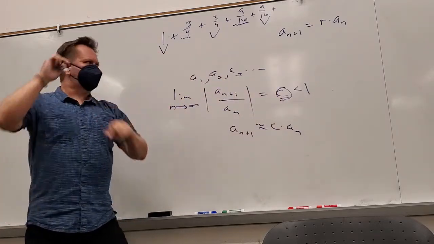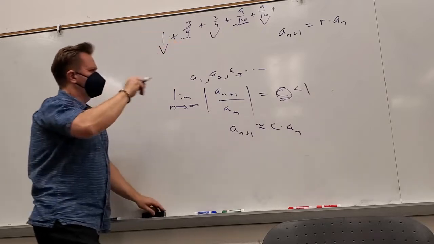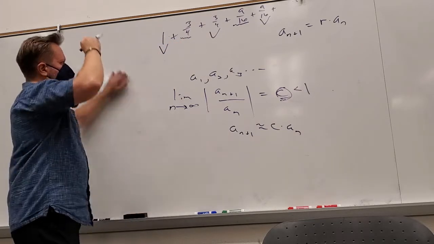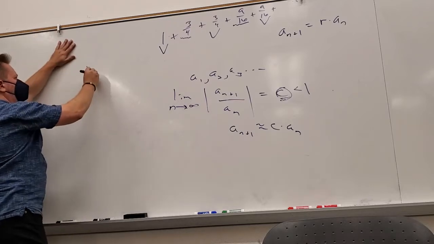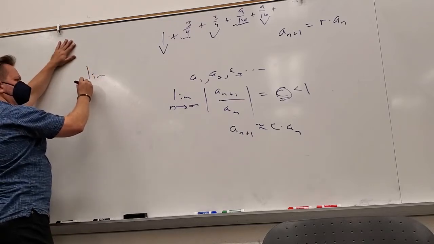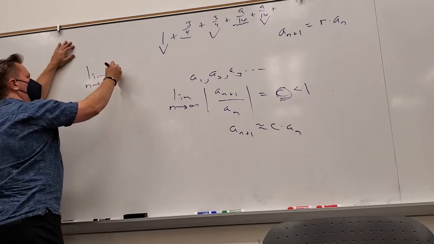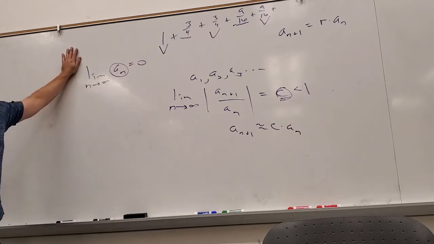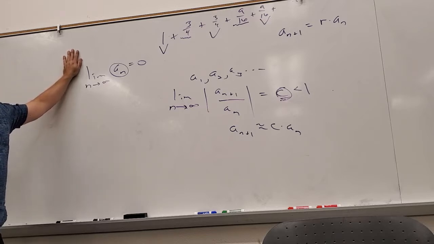Okay, so let me ask you guys. We've seen this kind of thing before. If the limit of something is 0, what does that mean about the elements in the sequence? They converge. Sure, yes. You're getting smaller.